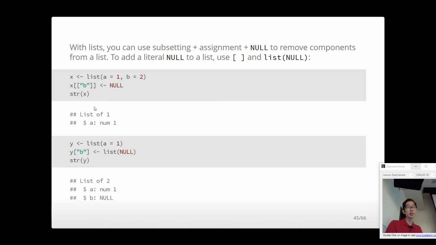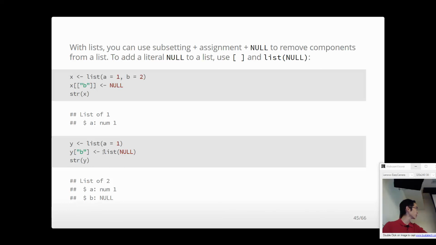You can remove things by assigning NULL to certain elements. If you use a single bracket, you can remove an entire column inside a data frame or an entire object inside a list by assigning NULL to the simplified version.